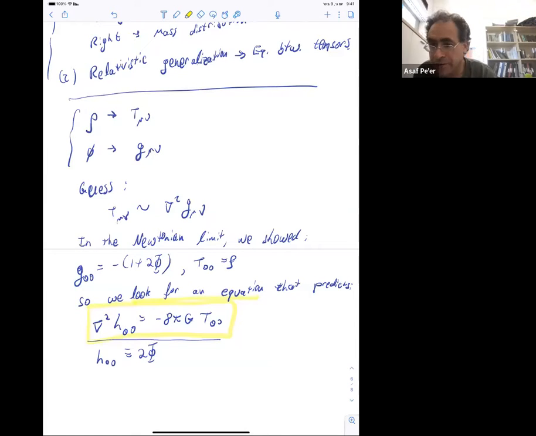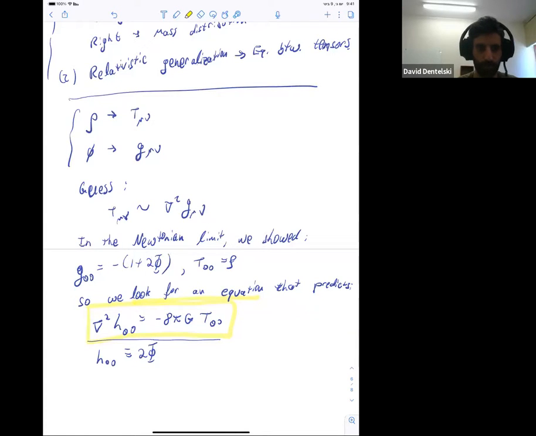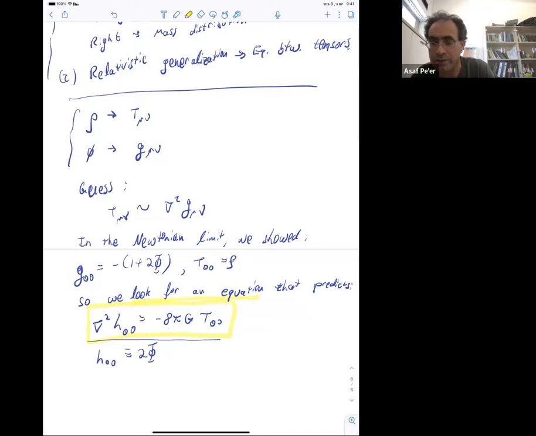All right, you following the logic so far? Yes? Okay. Now again, this is not yet the equation that we want, because h is what we get when we have a small perturbation of the metric. We want something more general.